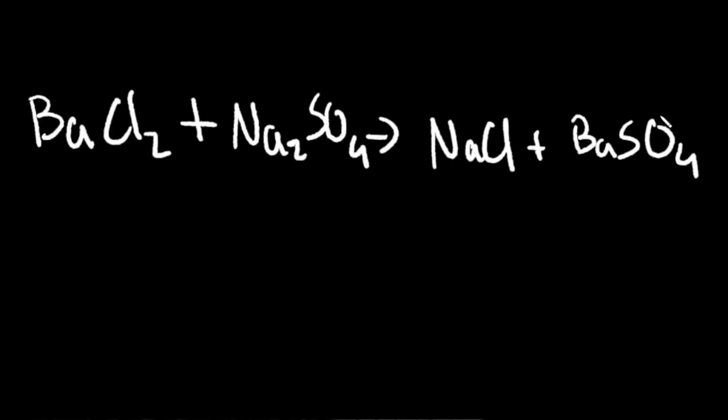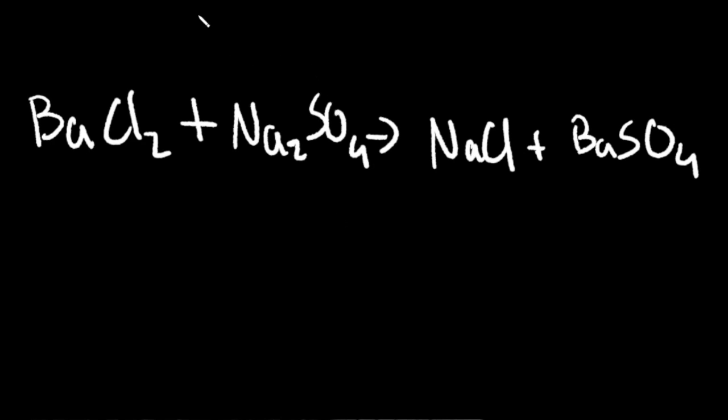So over here we have barium chloride and sodium sulfate, and this goes to sodium chloride, which is salt or table salt, and barium sulfate. So right here you will need to know the charge of polyatomic ions, or just typically knowing the charge for each ion would be helpful.